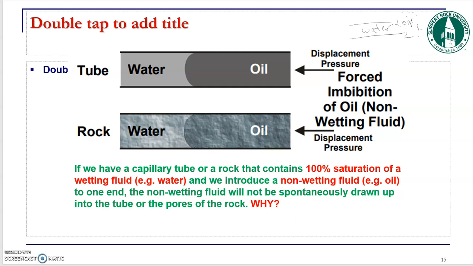How much you need to push is called displacement pressure. So the amount of force that you need in order to displace the wetting phase from the pore or from a tube by pushing the non-wetting phase into the pore or the tube is called displacement pressure.